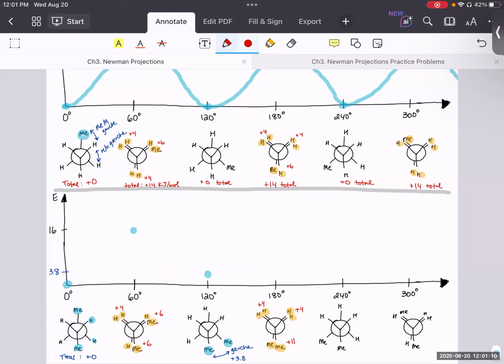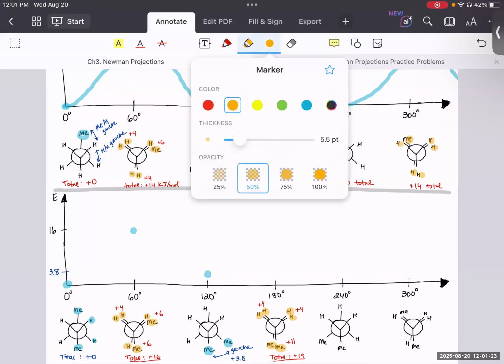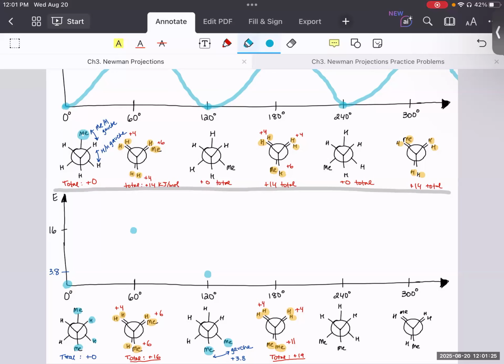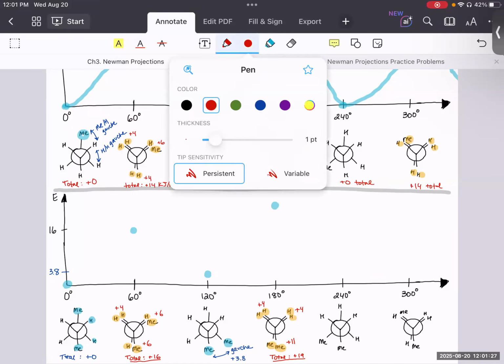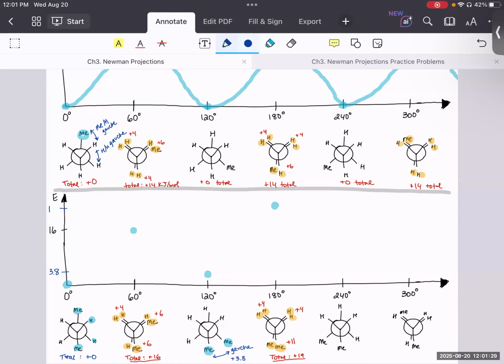And so the total for this one is going to be +19, which is going to be higher than that previous state of +16. All right, so now we have +19 here.